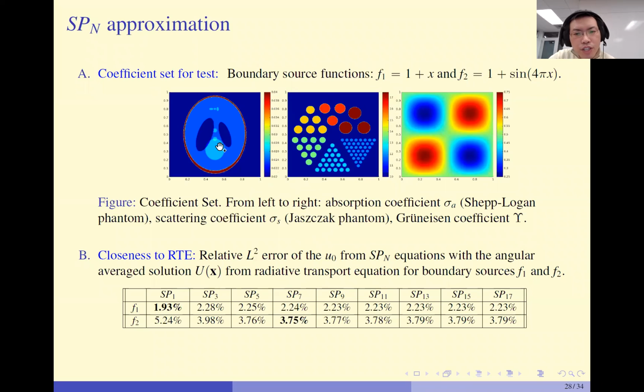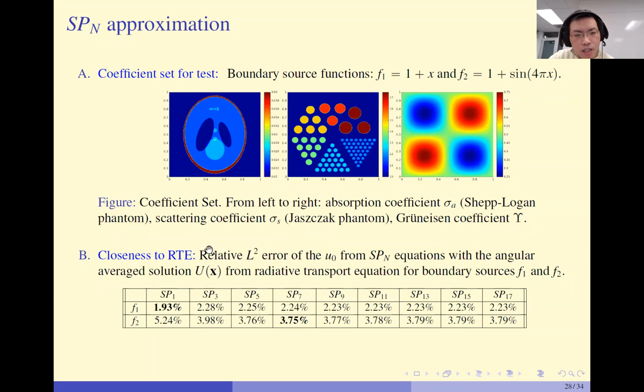For the absorption coefficient, the scattering coefficient, and the coordination coefficient, we just choose these functions. And the coordination coefficient, usually we don't care too much. I just choose a very simple function, simulated here, like two valleys and two bumps.